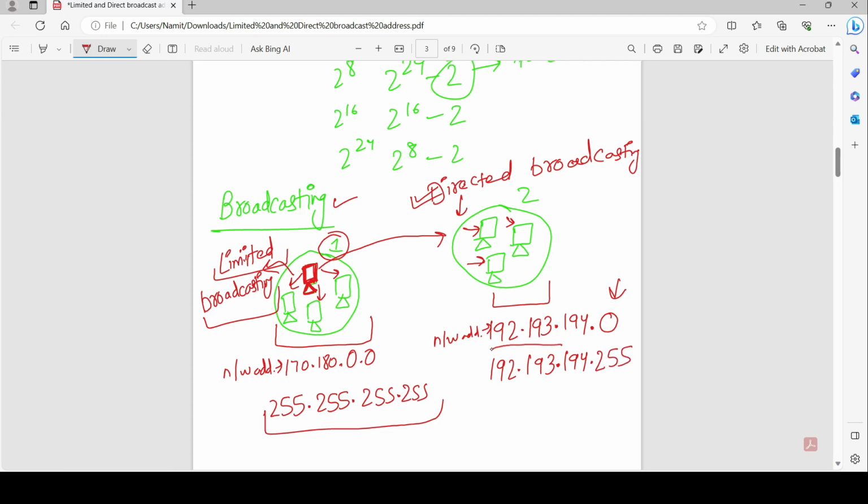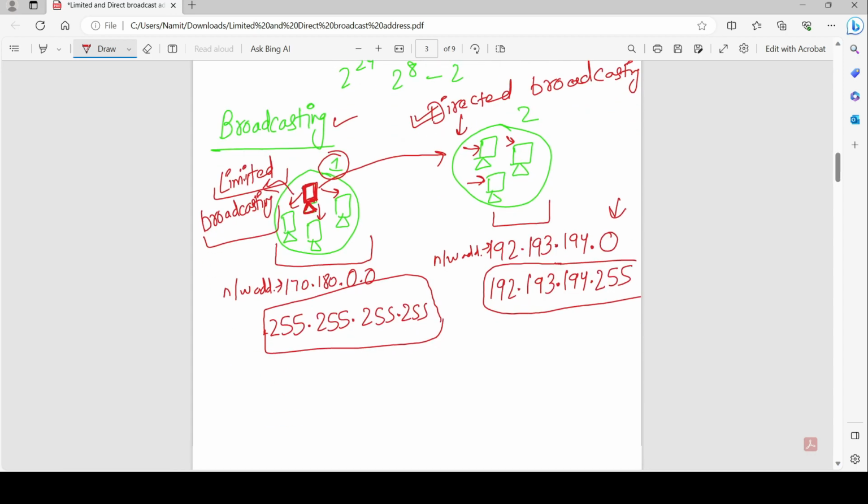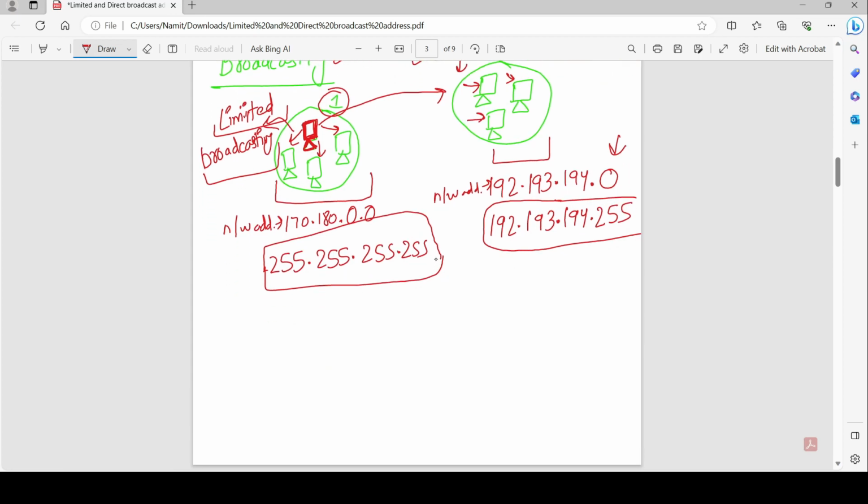So this one would be your direct broadcasting address, and this one is the limited broadcasting address. Done. Any doubt?